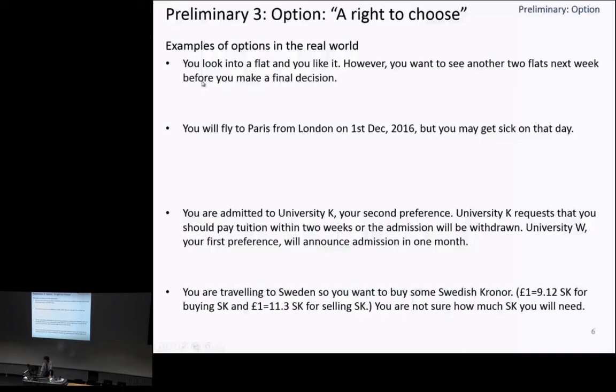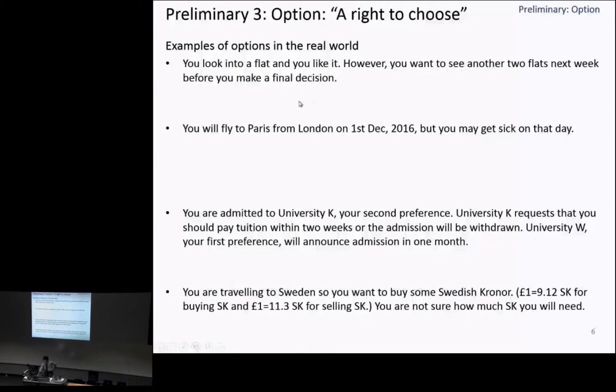Okay, example 1. You look at a flat and you like it. However, you want to see another 2 flats before you make a final decision. You have a dilemma here. If you don't sign the contract today, then somebody else might take it. But if you sign the contract, you might regret if one of the other 2 flats turns out really good.